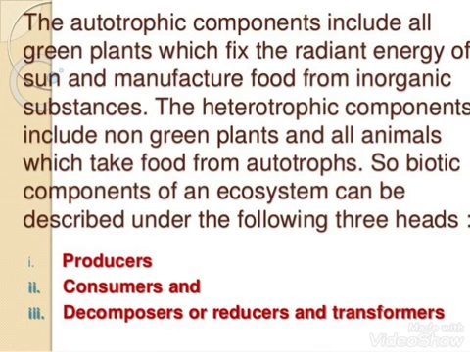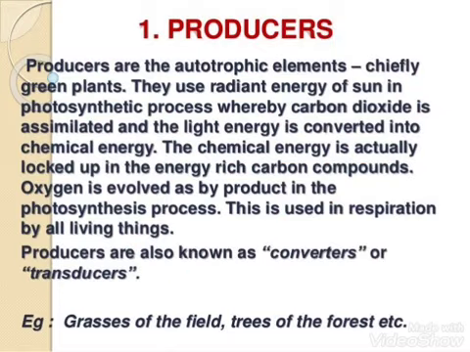And the heterotrophic components include the non-green plants and all animals which take food from the autotrophs. So, the biotic components of an ecosystem can be described under three categories: producers, consumers, and decomposers.